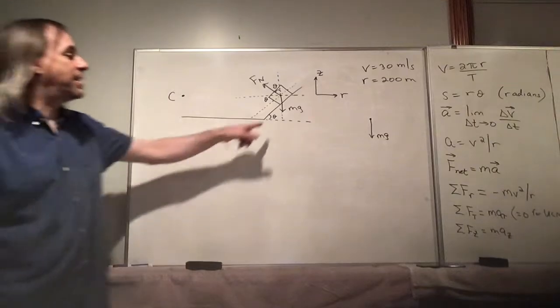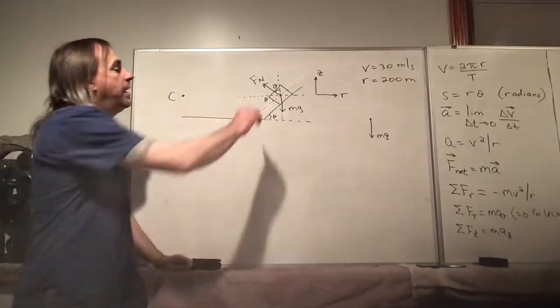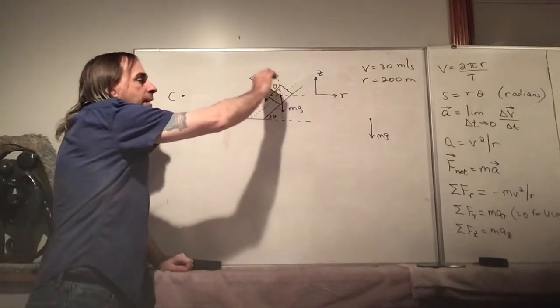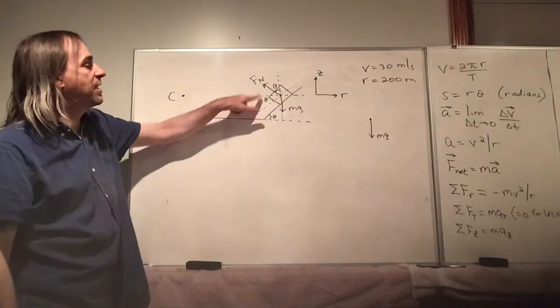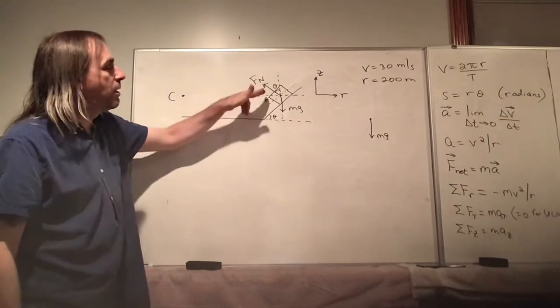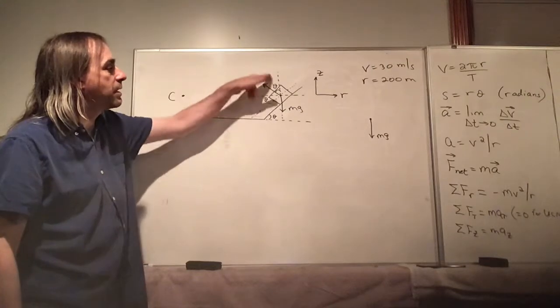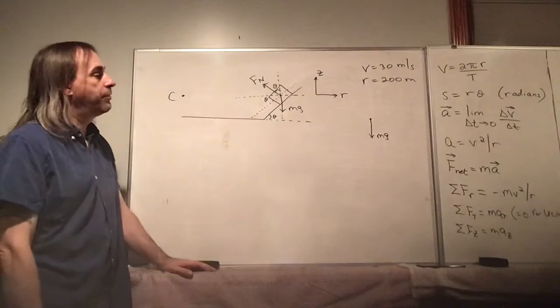So again, let's say this is 30 degrees. This is the incline, and this is the normal, which by definition is perpendicular. So if this is 30, this is 60. And these two lines are parallel, so they have to add up to 90. So if that's 60, that's 30, same as our incline angle.